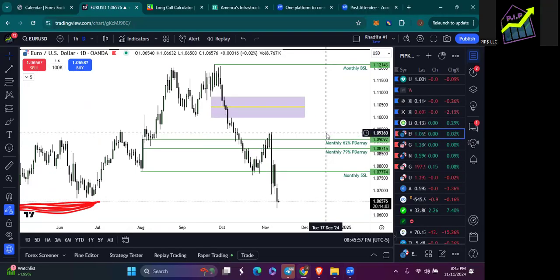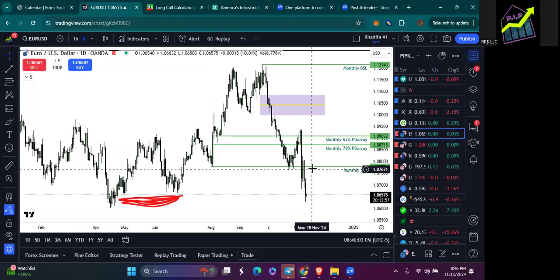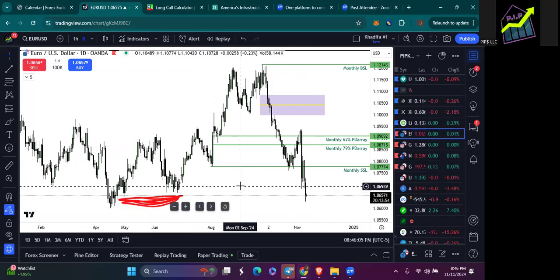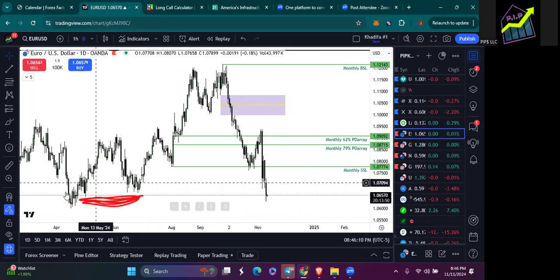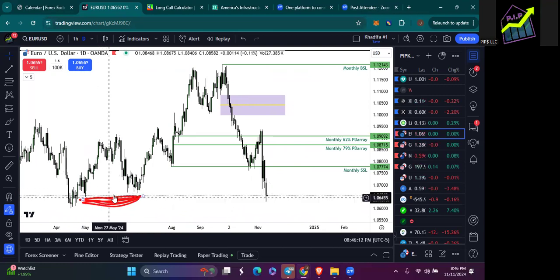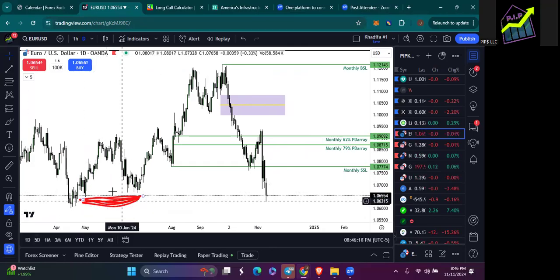Especially the currency pairs that we trade, being Euro USD, GBP USD, and NZD USD. As you can see, I've had this area marked out in our last class. Go to my YouTube channel and watch my last class, and you'll see everything that I'm discussing now, I discussed then.